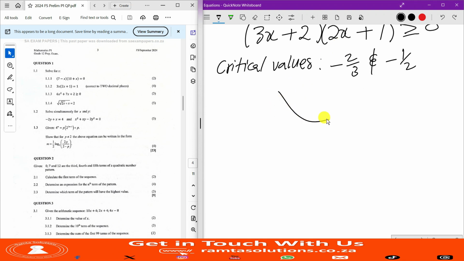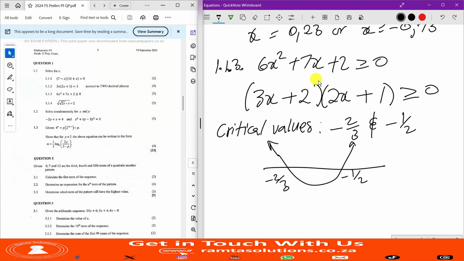So we'll draw a quadratic graph, and the lowest is -2 over 3, and the highest is -half. They said it must be greater or equal to 0, so it means it must be above the x-axis. So this is when x is less than or equal to -2 over 3, or when x is greater than or equal to -half.